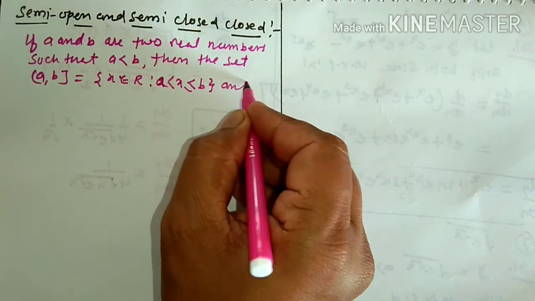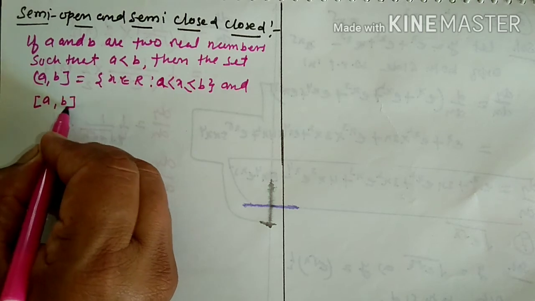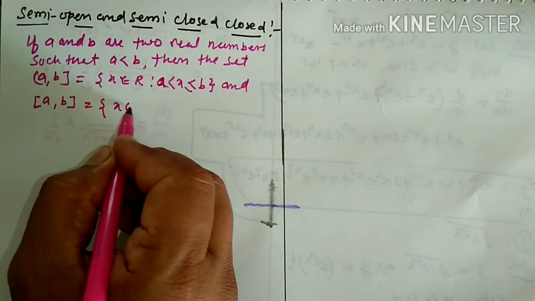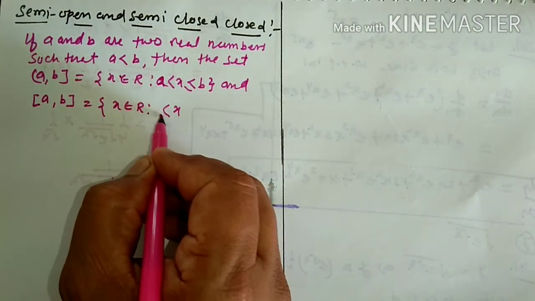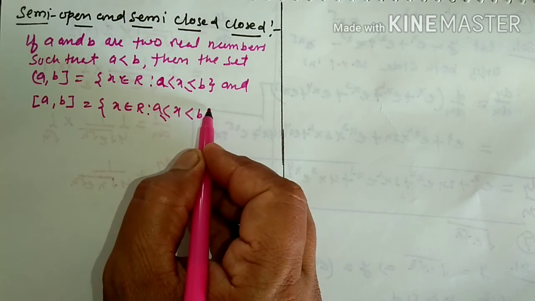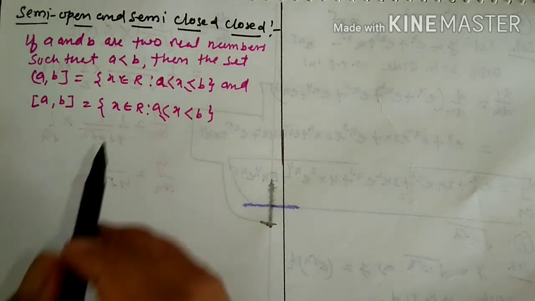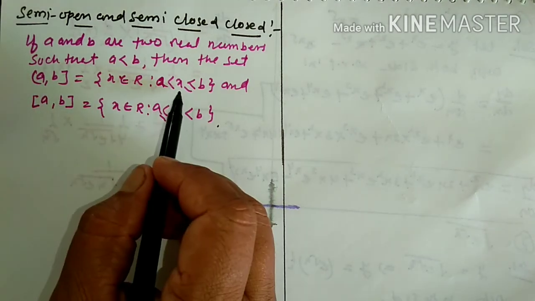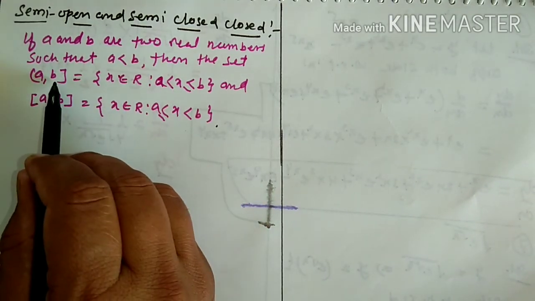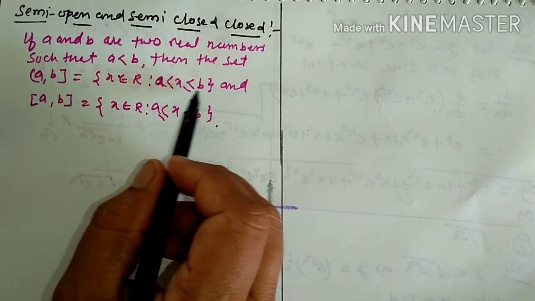And also we have closed interval a but open interval b. How do we write it? x belongs to the real numbers such that x is greater than or equal to a but less than b. Clear? So this is your open and closed interval. It means it is open at a, so only greater than a, and b is equal, so it is greater than a but less than or equal to b.